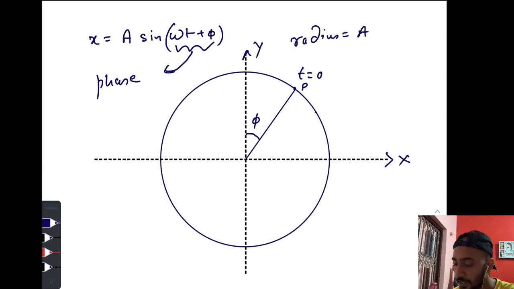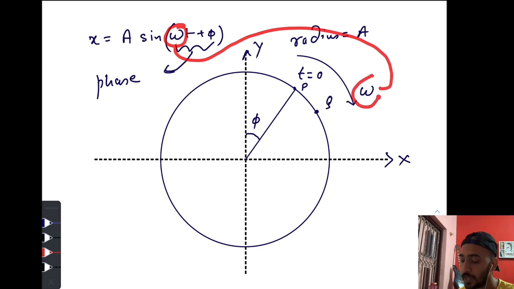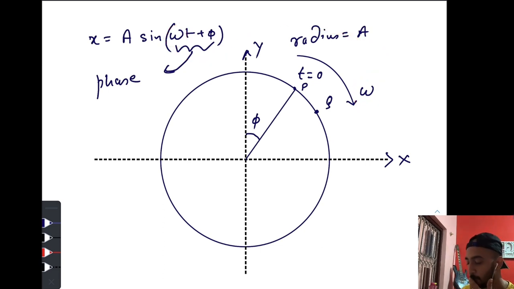After some time t, the particle reaches a point Q on the circular path, because in the circular analogy the particle rotates with an angular velocity omega. So here the angular frequency is mapped with the angular velocity in the circular motion. After some time t, the angular displacement is omega t.